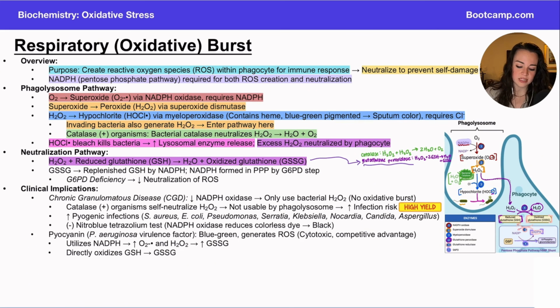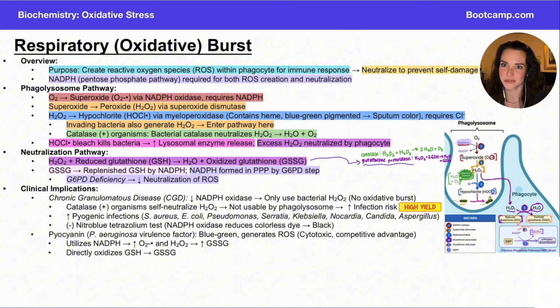We reformed that reduced glutathione by that enzyme glutathione reductase, and we reduced it with the reducing power from NADPH from the pentose phosphate pathway. And one of those steps in the pentose phosphate pathway that we were interested in was that G6PD rate limiting step. And like we talked about in the last video, if you're deficient in G6PD, you're not going to be as robust against oxidative stress because you're not able to neutralize those reactive oxygen species as efficiently because you can't reduce the glutathione to participate in that detox reaction.